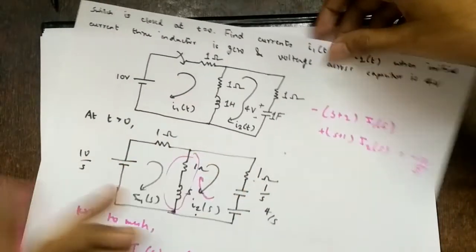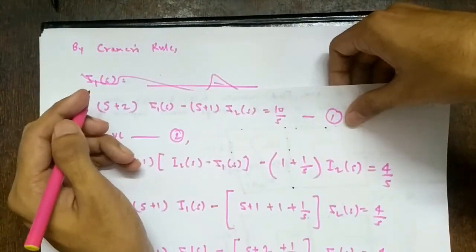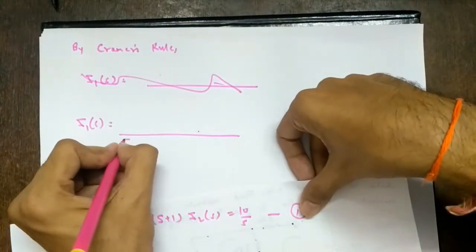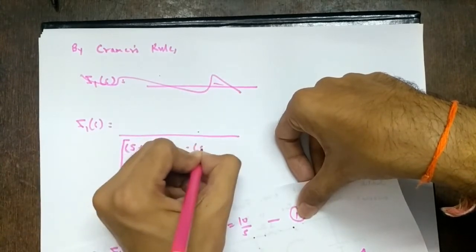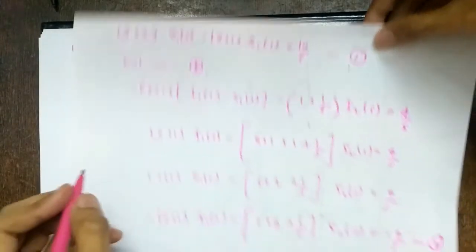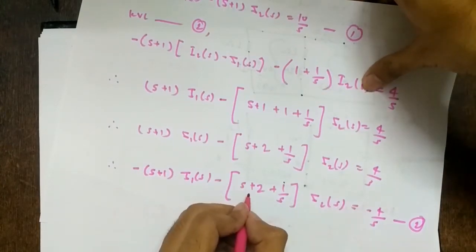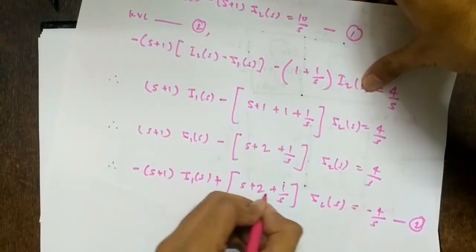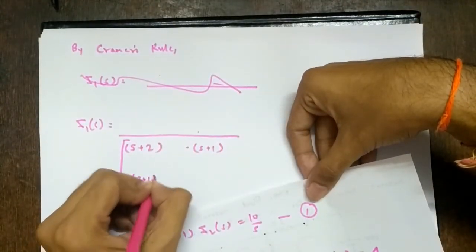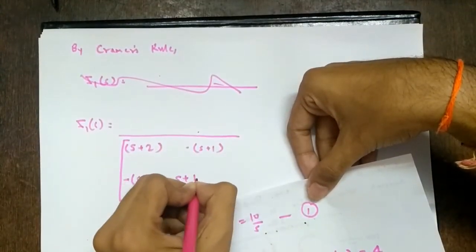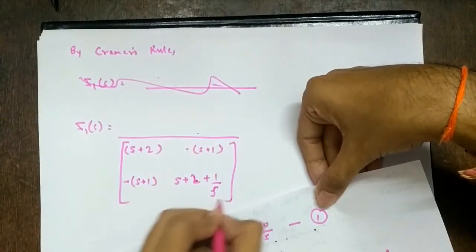What is the coefficient of I1 of s? s plus 2, minus of s plus 1. That will come here. Then this is minus of s plus 1, and this will be plus s plus 2 plus 1 by s. So minus of s plus 1 and s plus 2 plus 1 by s.